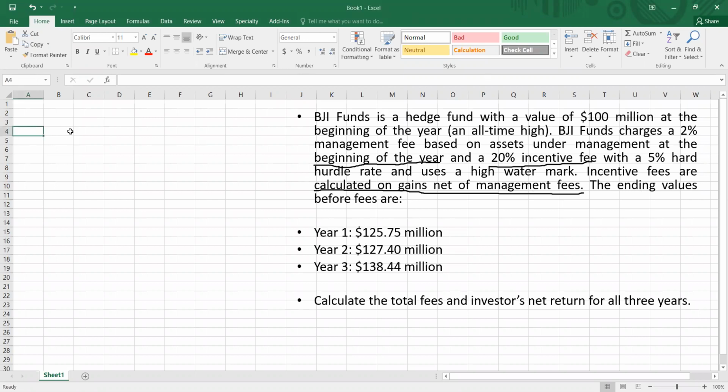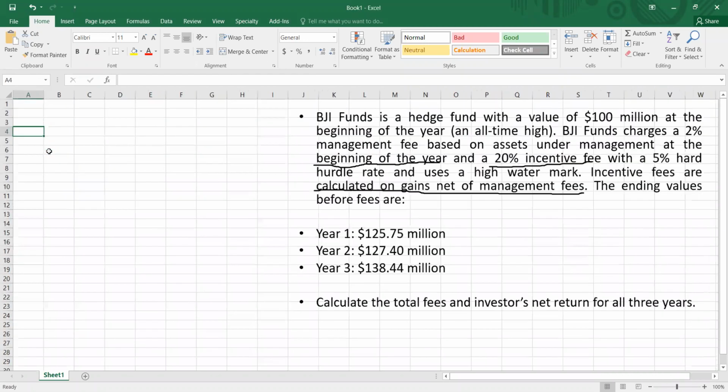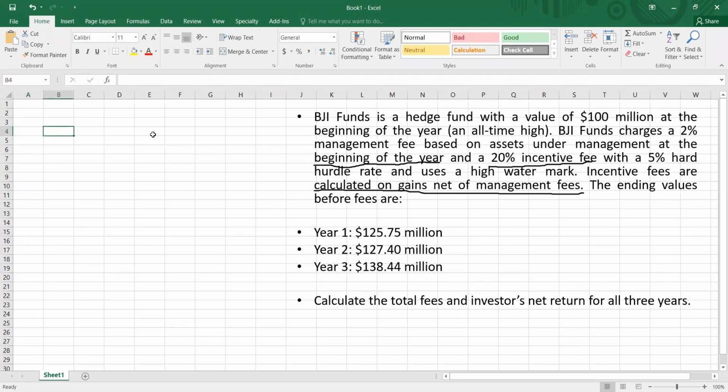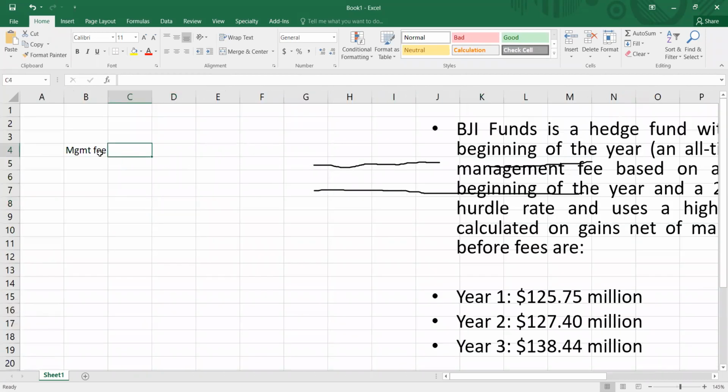First of all, we need to calculate the management fee. We know it's 2% of the beginning year.